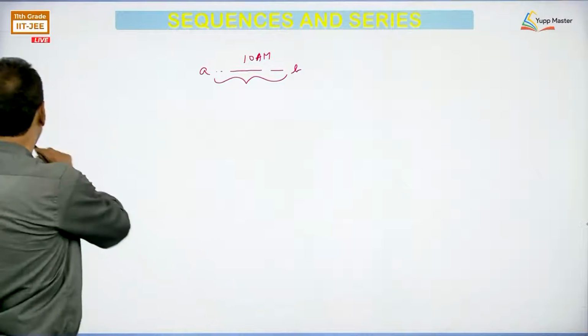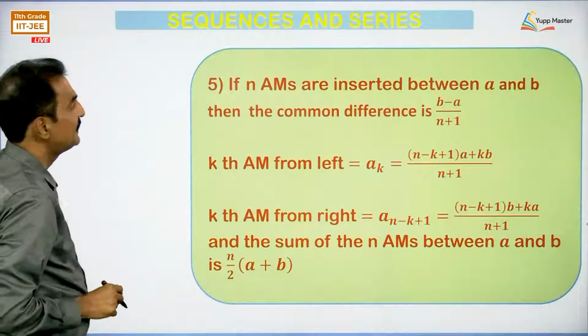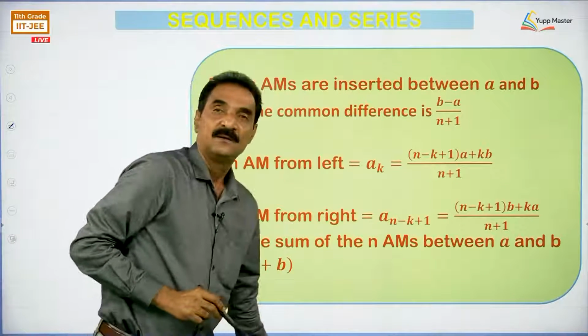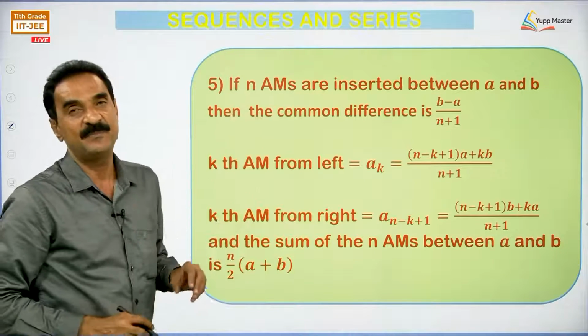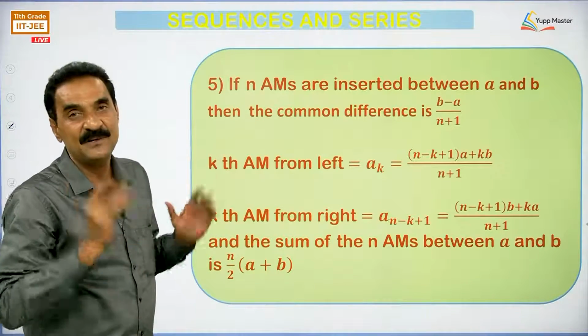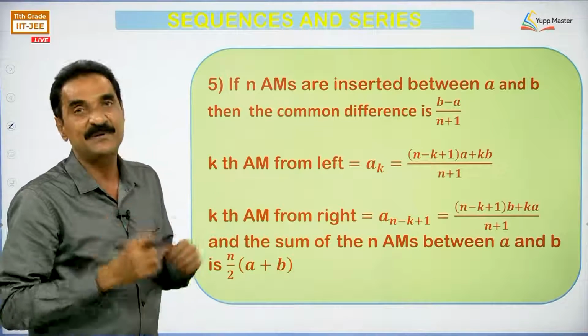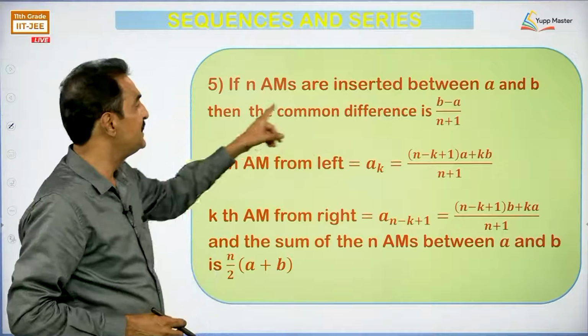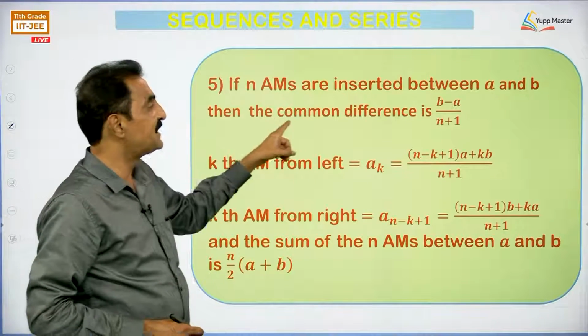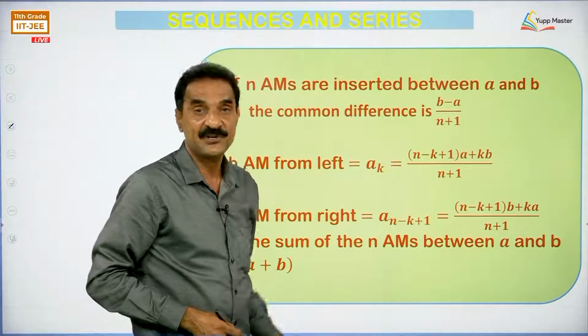Now, we are going to derive the formula for finding a particular arithmetic mean between two numbers when n arithmetic means are inserted between A and B. First we have to find the common difference of the arithmetic progression.